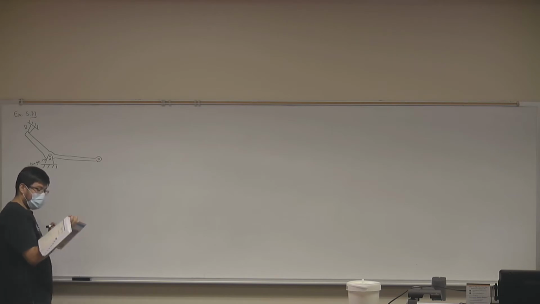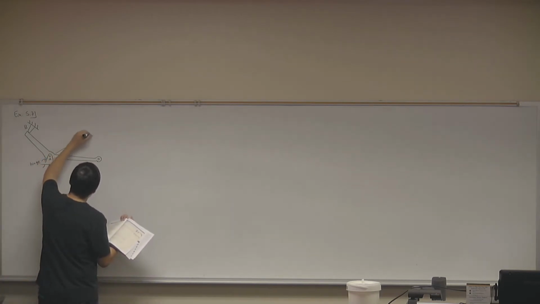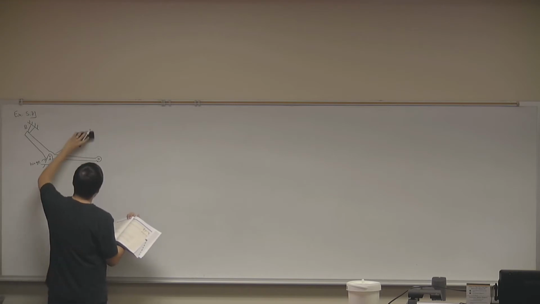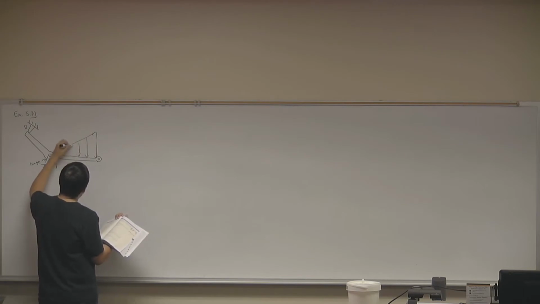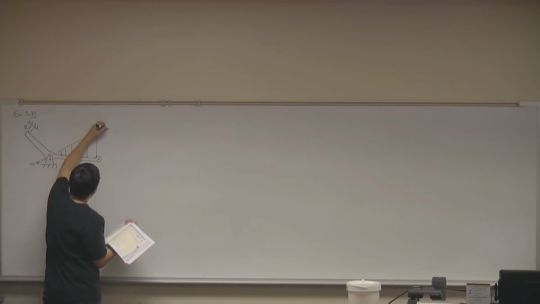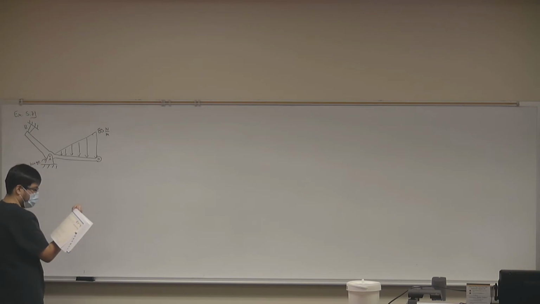We have a load, not a force, a load of 80 newtons per meter that has a triangular shape. So it has a maximum of 80 newtons per meter, and it has a triangular shape.